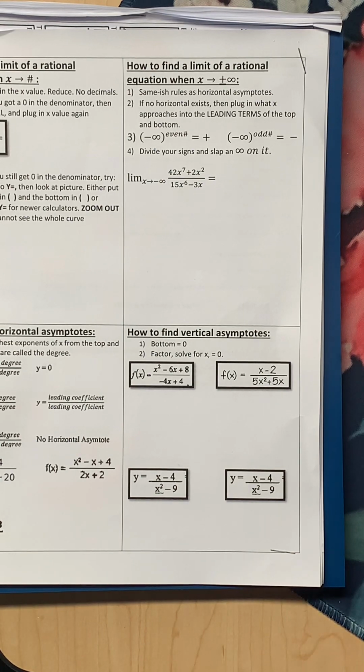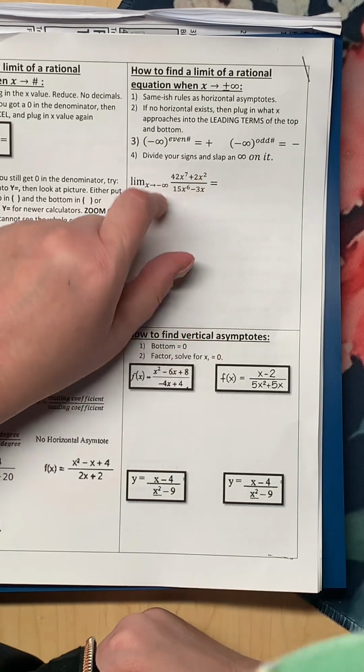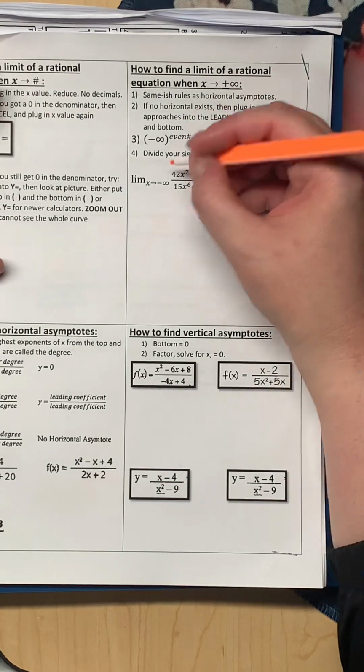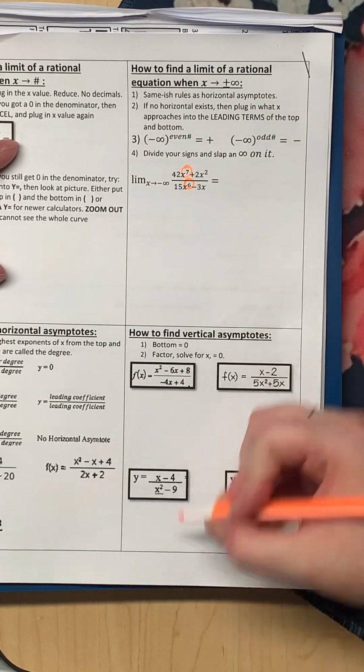As x approaches infinity and you have a fraction equation, you think about your exponent rules for horizontal asymptotes. If we look at our highest exponent, on top we see a 7, on bottom we see a 6.